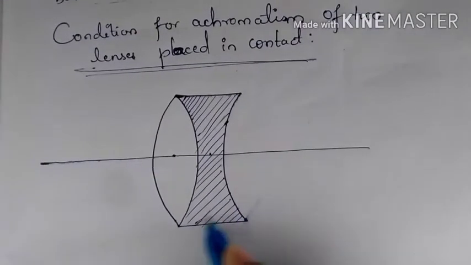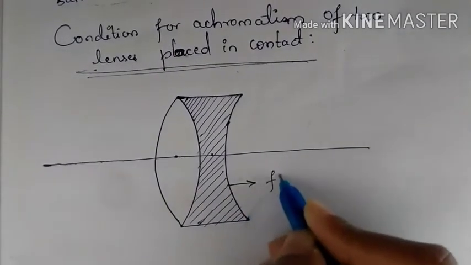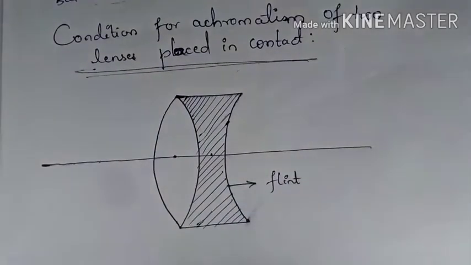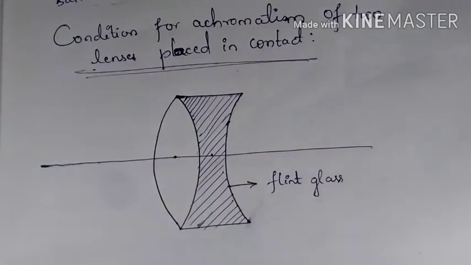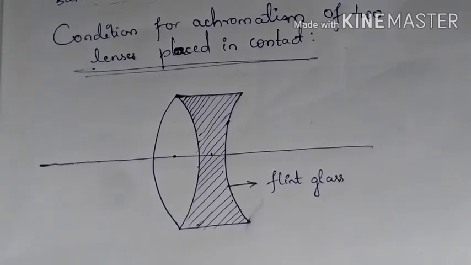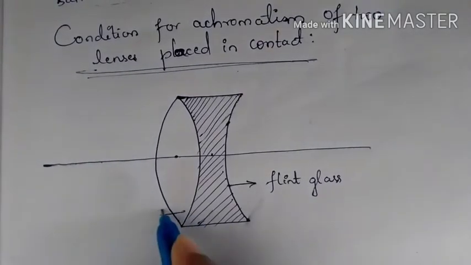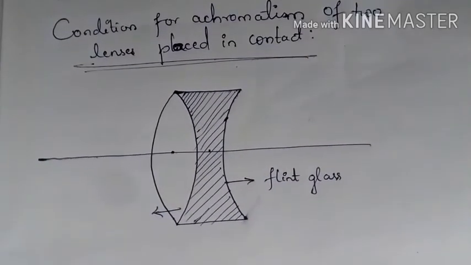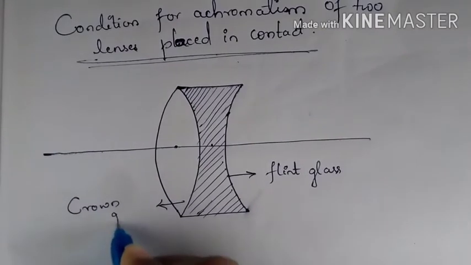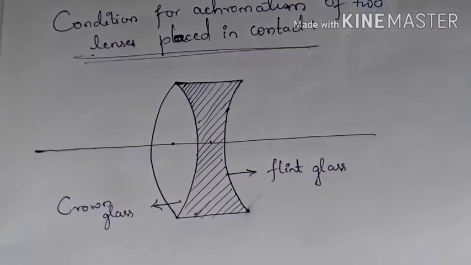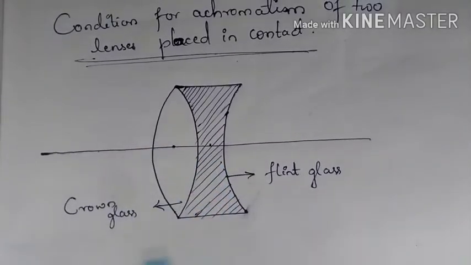Now the concave lens is made up of flint glass, whereas the convex lens is made up of crown glass. These are just two different materials from which these two lenses are made.